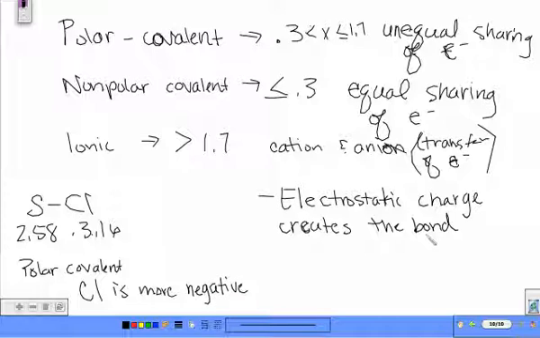If it has a higher electronegativity value, that means it attracts electrons more strongly. Anyways, it attracts the electrons more strongly and would be more negative. And I think that's it. Questions on that one?